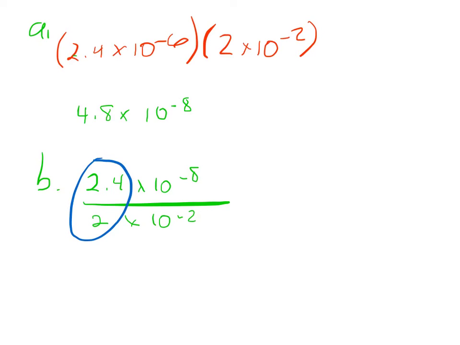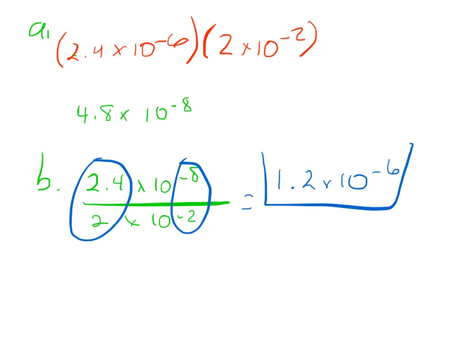Well, half of 24 is 12, so that'll be 1.2 times 10, and a negative 8 minus a negative 2 would actually be plus 2, so it would be a negative 6. So that would be our answer for B, 1.2 times 10 to the negative 6.